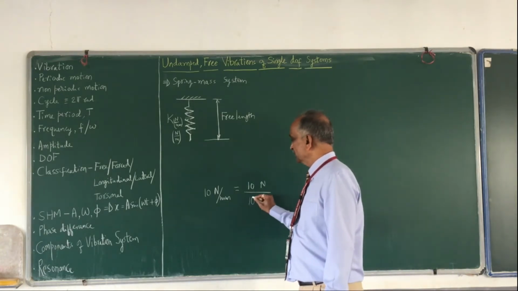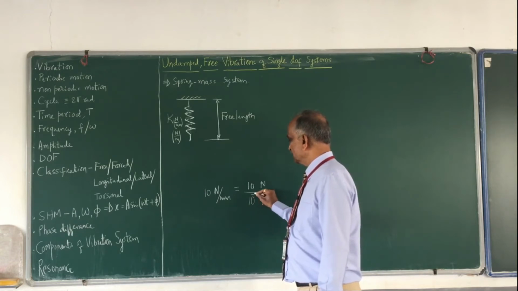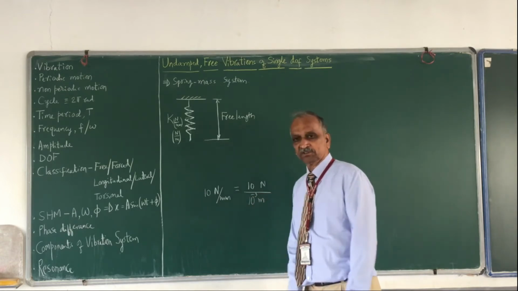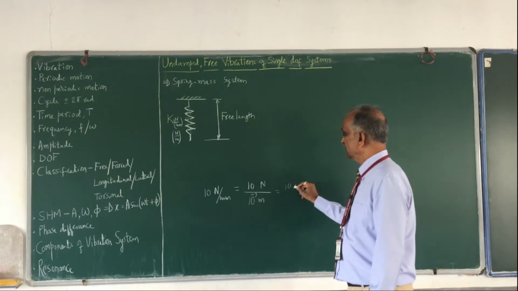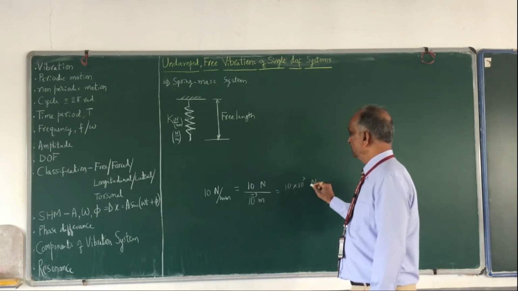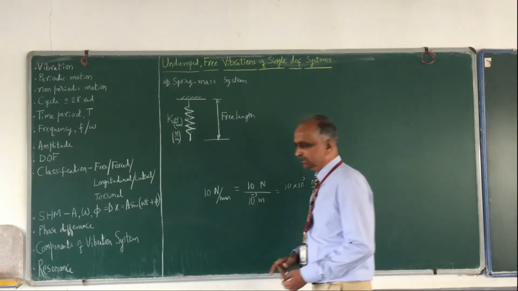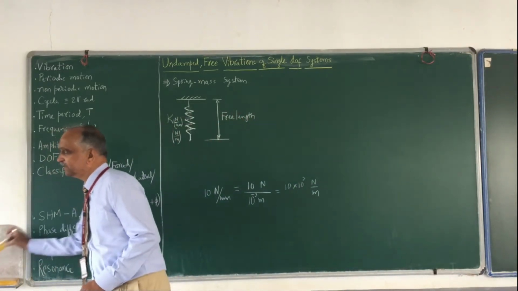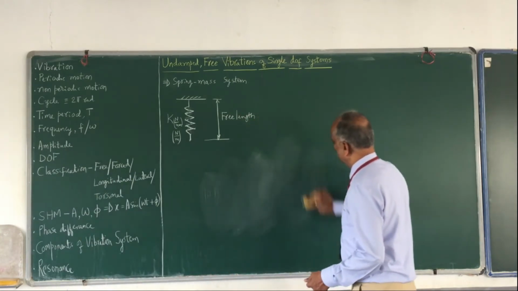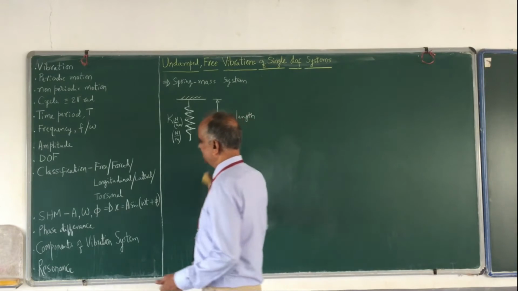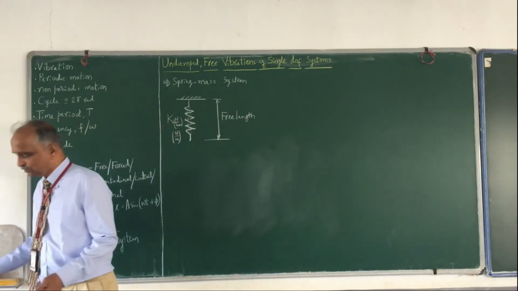You know that it is 10 raised to minus 3 meters. So therefore this is going to be 10 raised to 3 Newton per meter. You can easily convert from one unit to another. So when you are substituting numerical values, the chances of error are very low in this topic.